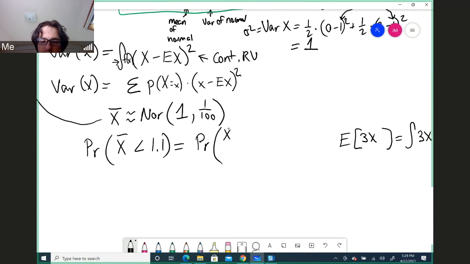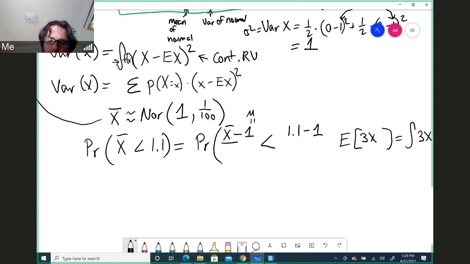So we can take X bar, and here's our less than sign, and we have our 1.1. We can subtract the mean from both. So we can subtract 1, because that's the mean. So this is mean mu. And we can subtract it here as well. And of course, if you subtract two numbers from both sides of an inequality, the inequality doesn't change. So this is still valid to do.